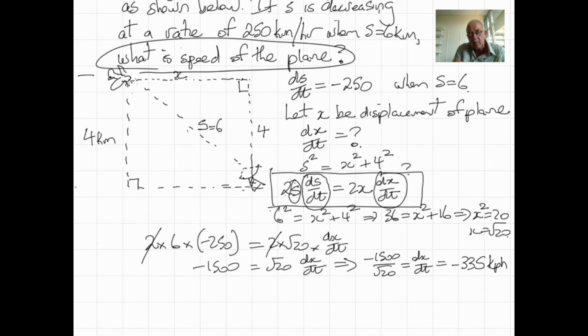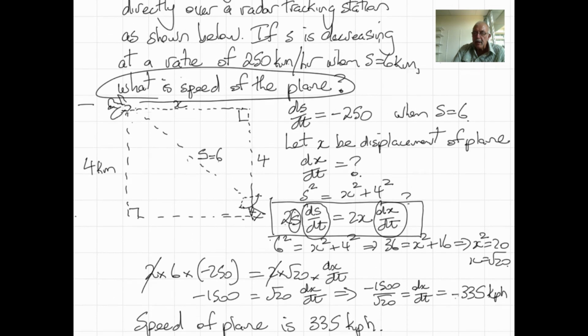Basically, as the plane flies closer, the distance x from straight above there is getting less and less, so it is decreasing. The dx/dt is negative, which means that the distance is getting less. So the speed, since we don't have positive and negative, of the plane is 335 kilometres per hour.